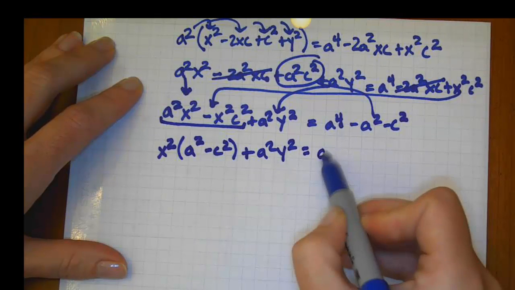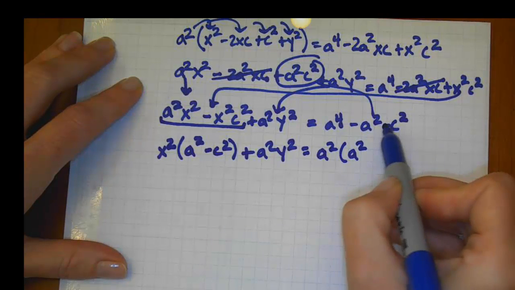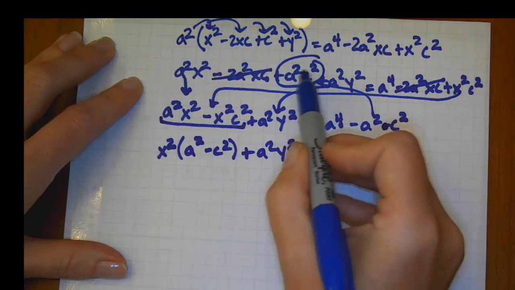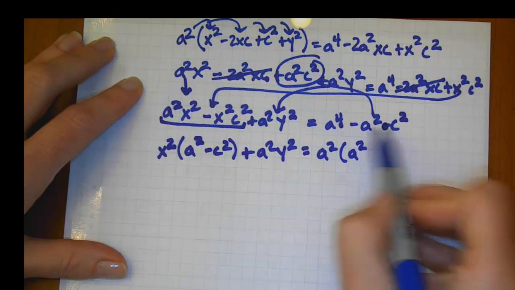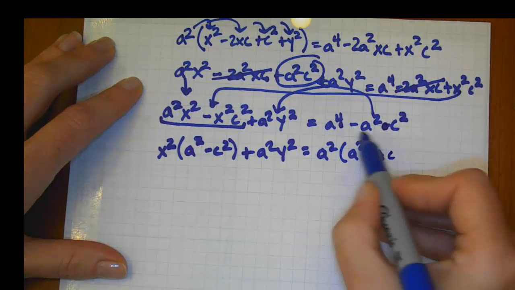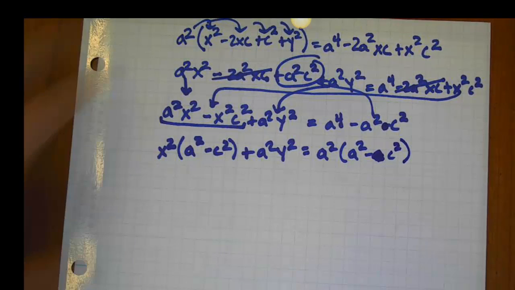On this side, I can factor out an a squared, and I'm also left with an a squared, and that should have been a multiply. I'm so sorry. That right here should be a squared c squared. That was just the two. So a squared times c squared. So when I factor out an a squared, it should be a squared minus c squared.